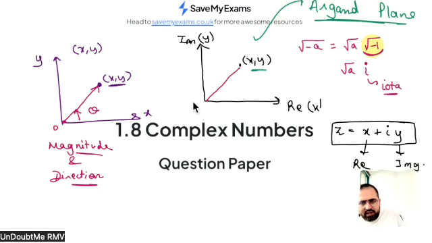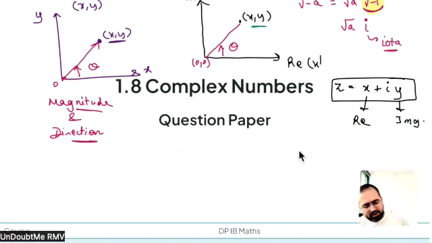If we draw a line through the origin, it will have a certain length and it will be inclined at a certain angle. This length is called the modulus of a complex number, which is denoted by mod of z, and will be written as the square root of x square plus y square.